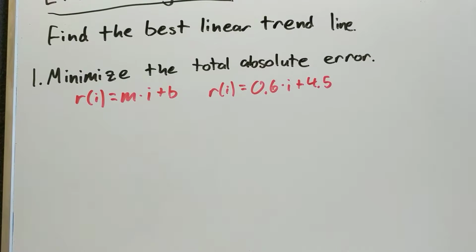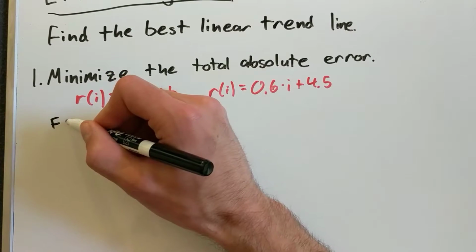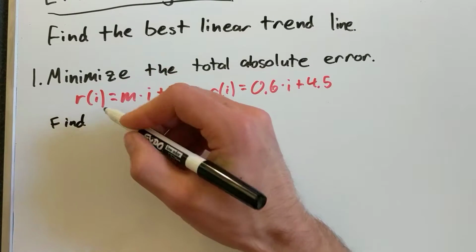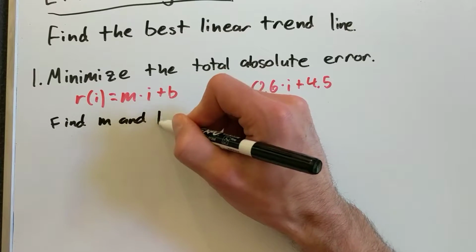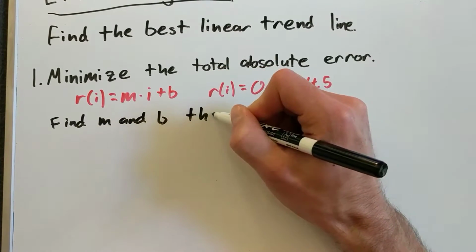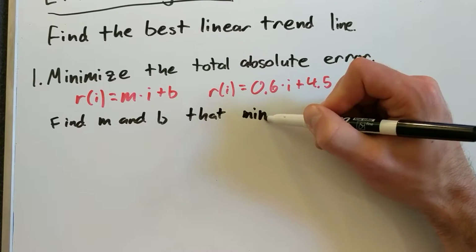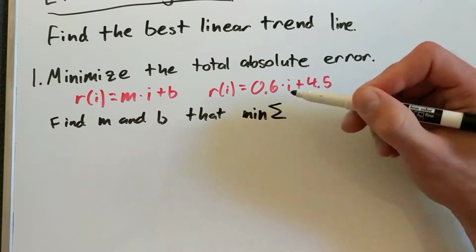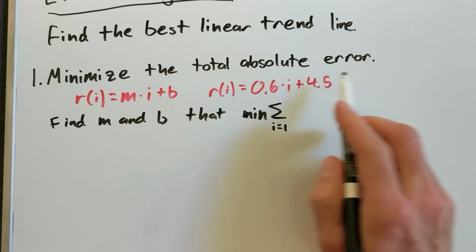So in more mathy terms, what we were doing was to find m and b that, and this is admittedly confusing, but this is the math phrase for the English version of minimize the total absolute error.